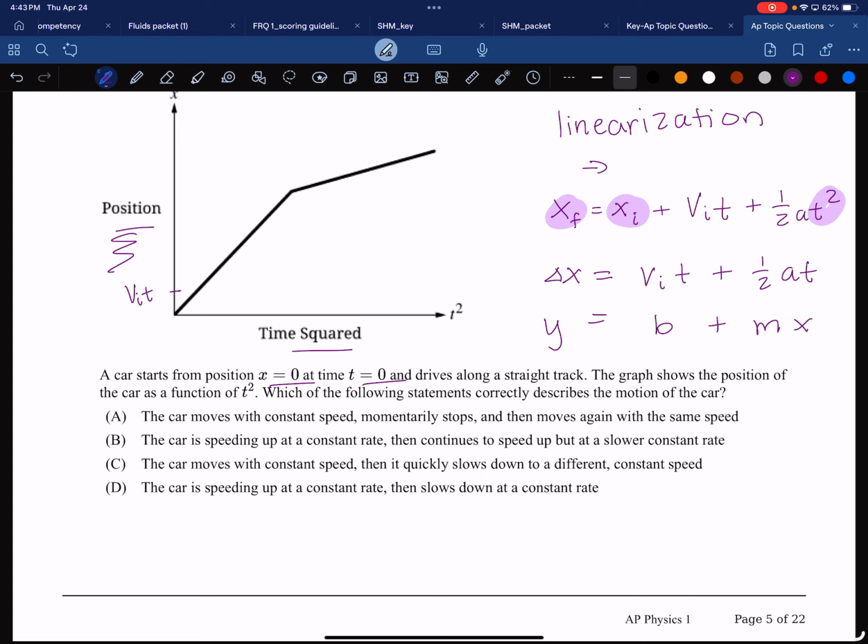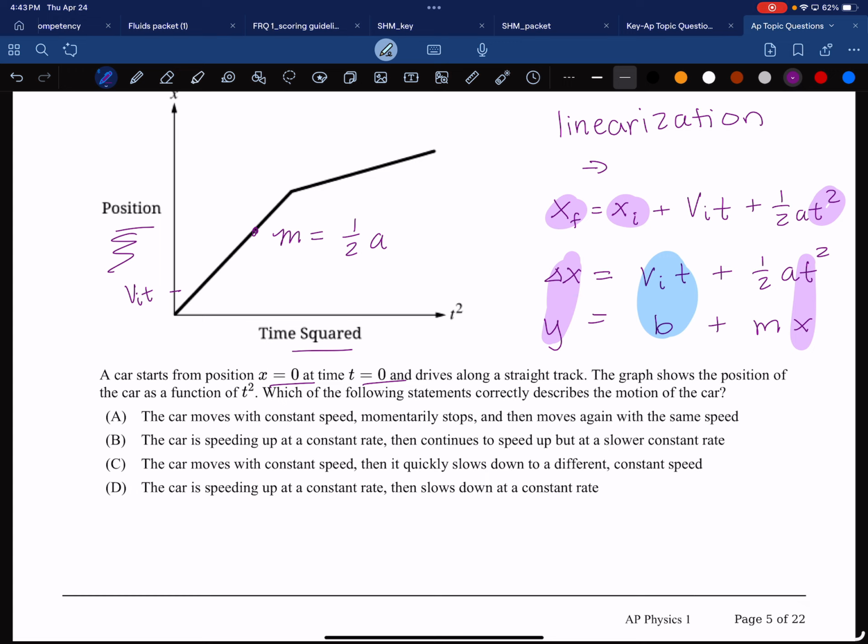My y equals mx plus b equation, just like that one we used. So on my y-axis, that's position, my x-axis, that is time squared, and then my b is going to be velocity times time. But luckily, we're not being asked about b. So that tells me that my slope for this is going to be 1/2 acceleration.